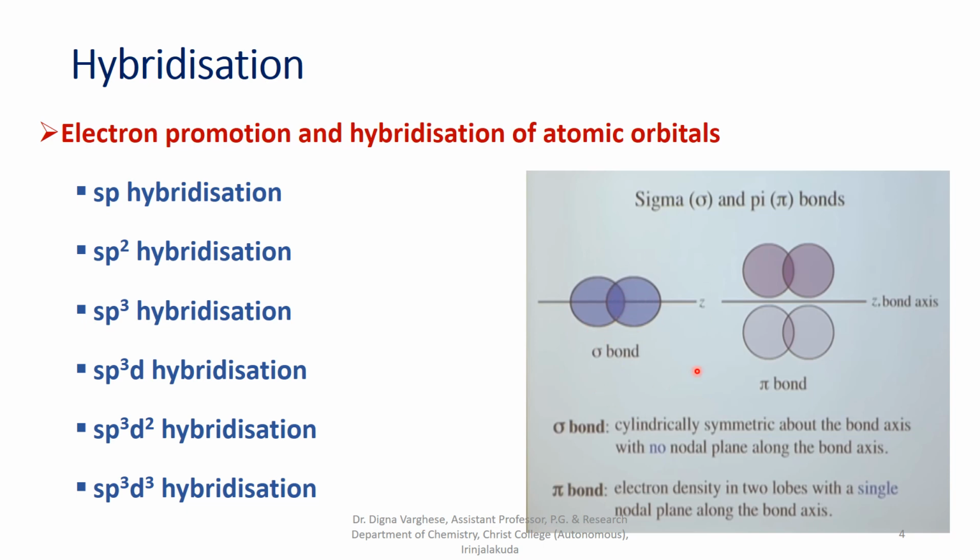It's a head-on overlap, and in the case of pi bonds there are two regions overlapping. It's a weak bond, whereas the sigma bond is a strong bond. In sigma bonds, free rotation is possible. In pi bonds, there is no free rotation. The pi bond is less stable when compared to the sigma bond.